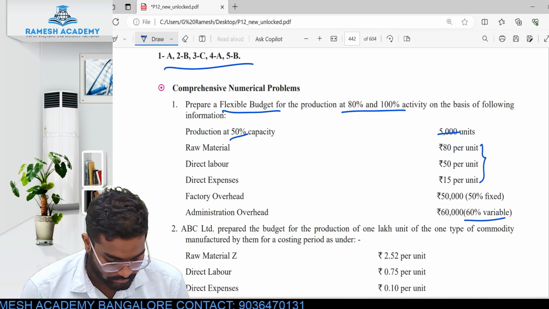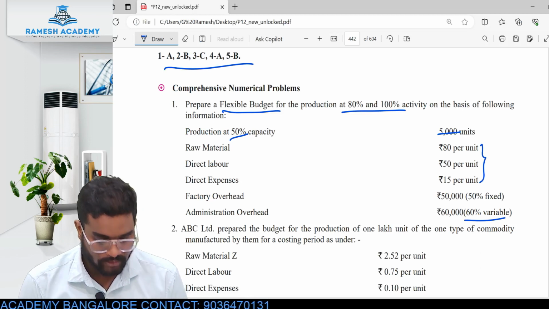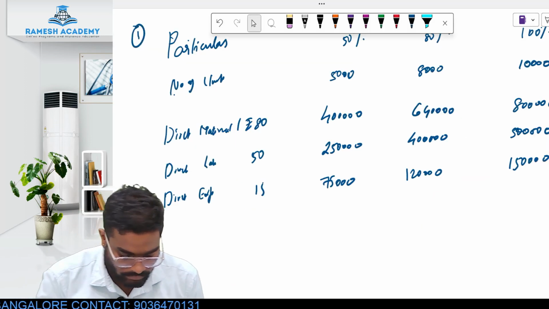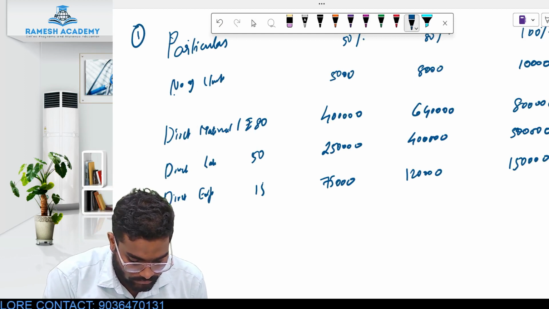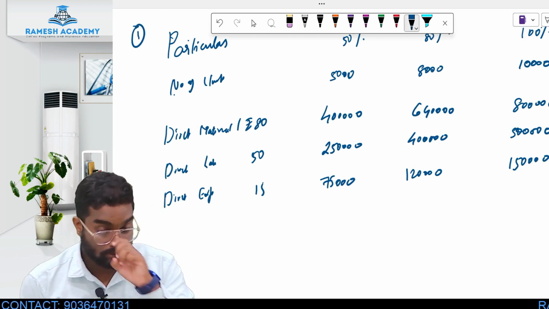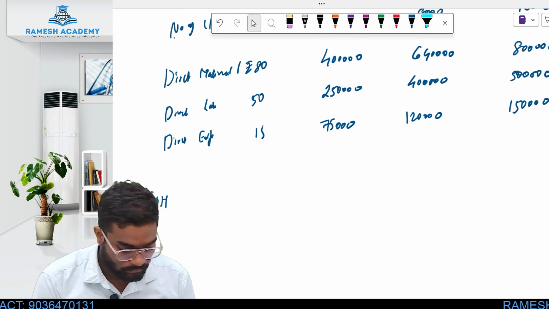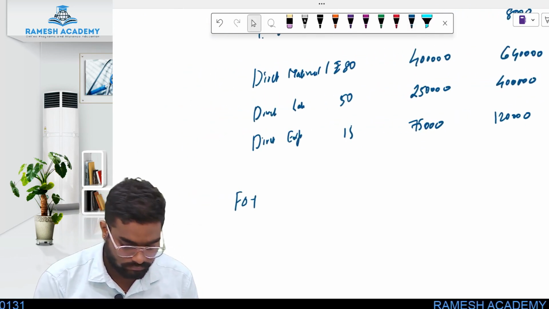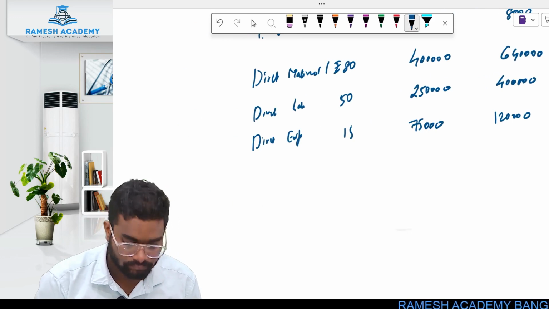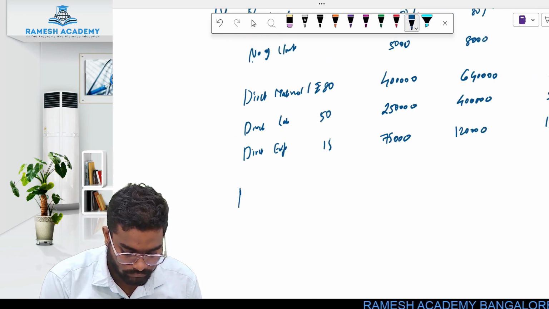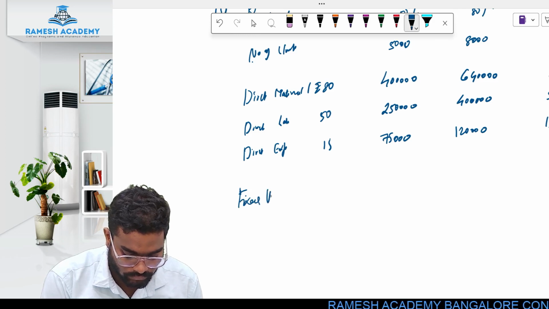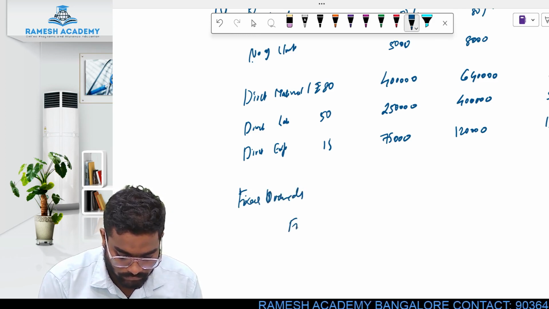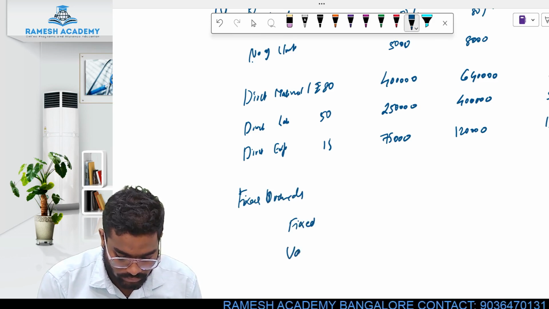Okay, next we'll jump into the semi variable. So fixed overhead is 50,000, in this 50% is fixed. Okay, so fixed overhead I am writing in short form, but you should write in full form. Okay guys, so fixed overhead. So one is fixed part, one is variable part.